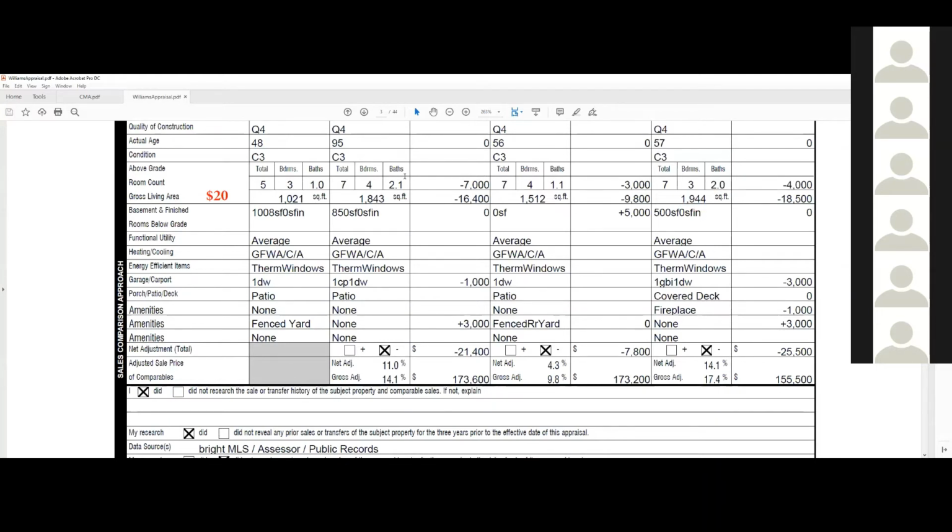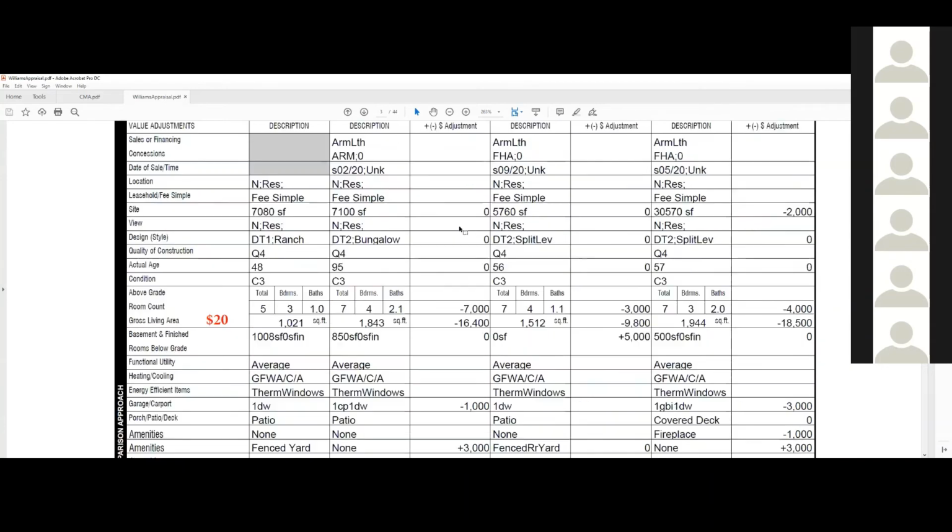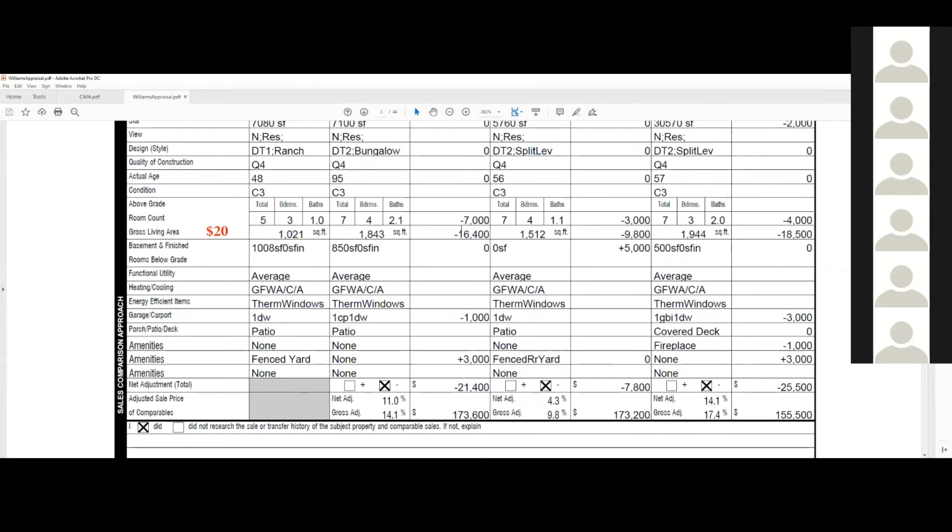All right. So they did the adjustments based on $20 a square foot. Can you use it? Yes, you can, only if there are no available comps in the immediate area. Lawnside being a smaller city, there were probably no other comps, which I checked, and there weren't. So that's why he had to use what he had available.